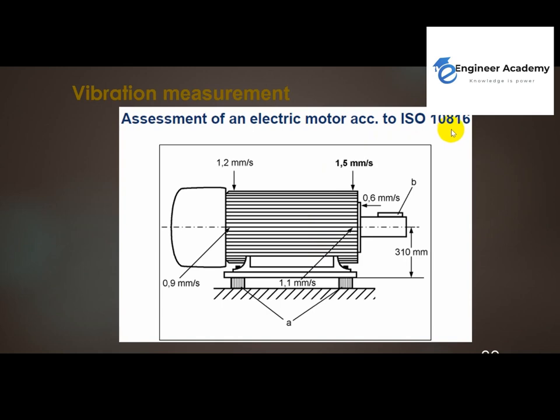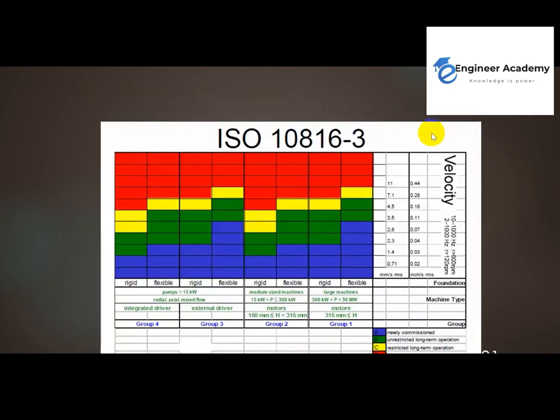This standard gives you a good indication of the machine condition, starting from the new machine up to the red level, where the machine should be stopped immediately due to high danger or alarm.